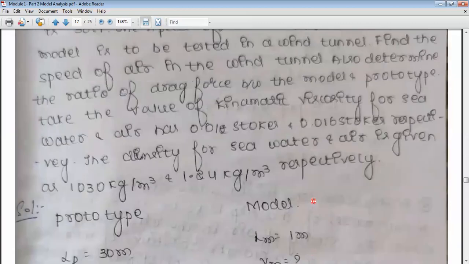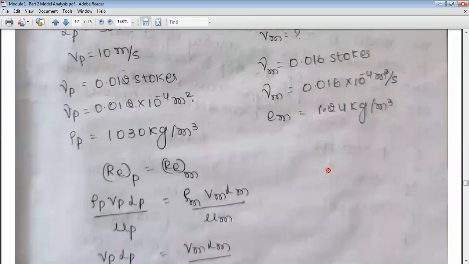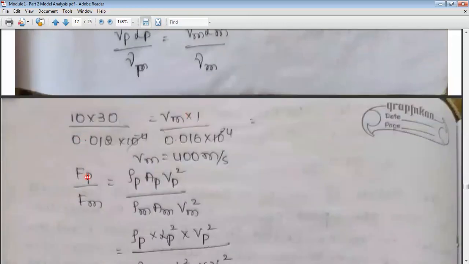Also, he has asked you to find the speed of air in the wind tunnel, and also determine the ratio of drag force. Drag force means it is the inertia force only. Fp, that is force in the prototype divided by force in the model, is equal to, what is the formula for inertia force? Rho A V square, that is rho p Ap Vp square divided by rho m Am Vm square.